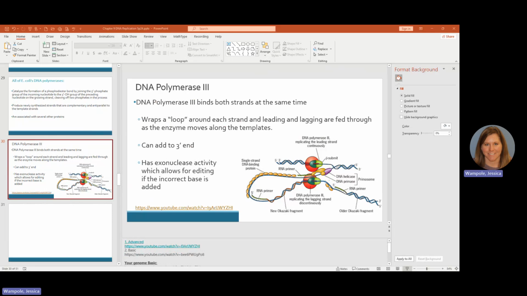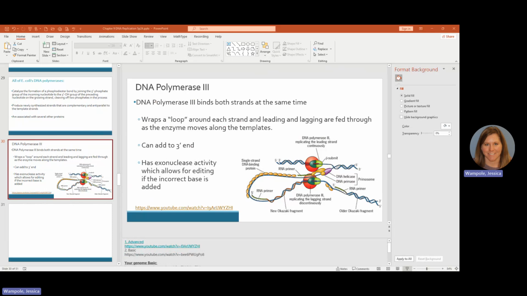So then what we have are these little fragments, and they have been replaced with DNA. I'm going to use my other red just to make a point. So we've got all DNA now.